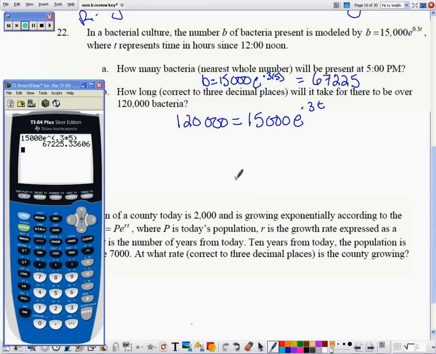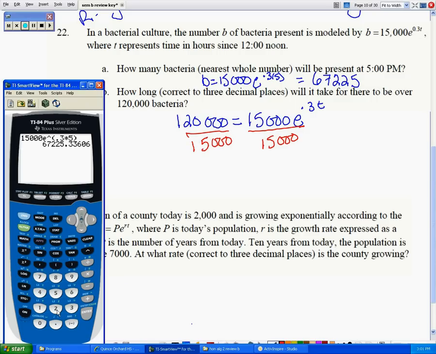We can use our calculator to solve this, or we could solve it by hand. I'm going to divide both sides by 15,000. We get 8.